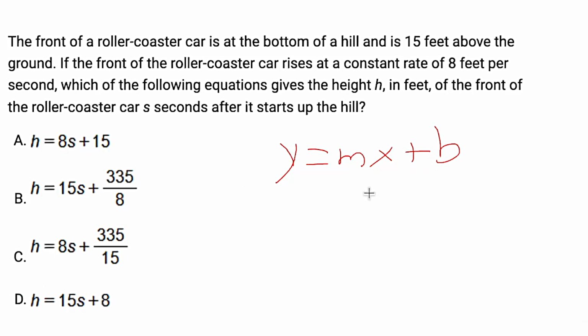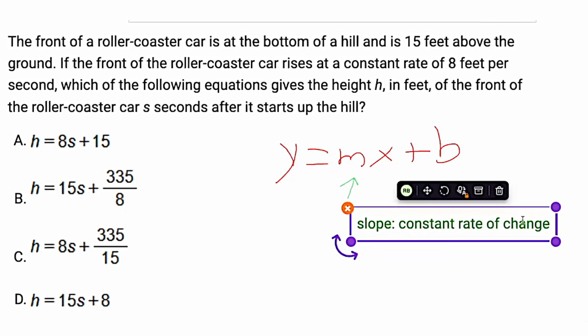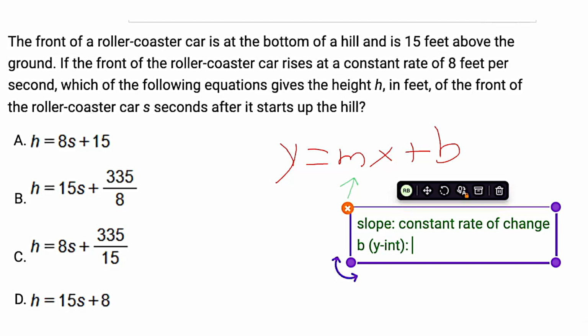So your slope is m, and in the context of a word problem, slope is going to be a constant rate of change. And b is our y-intercept, and that is going to be a starting point or initial cost.